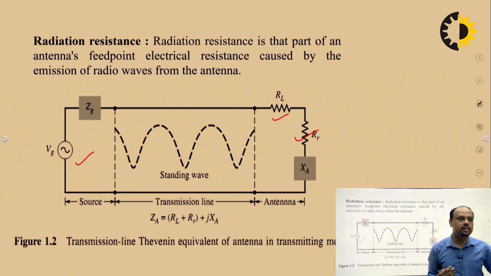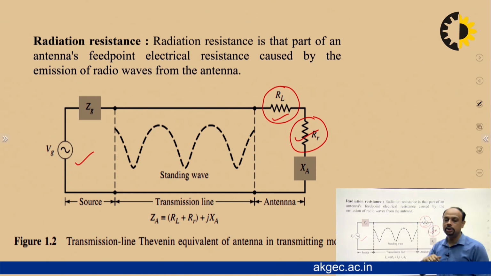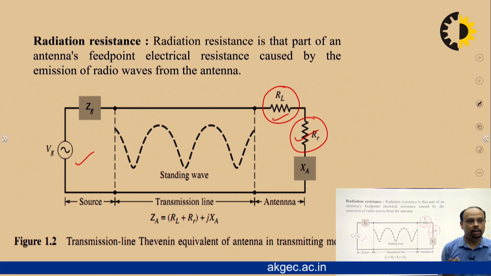The radiation resistance is a hypothetical resistance that represents the amount of power that is transmitted into the space by means of the electromagnetic signal. The consumption of that power is represented by this radiation resistance of the antenna itself, and this is the loss resistance, and the loss resistance is considered due to the ohmic losses inside the antenna and the waveguide itself.